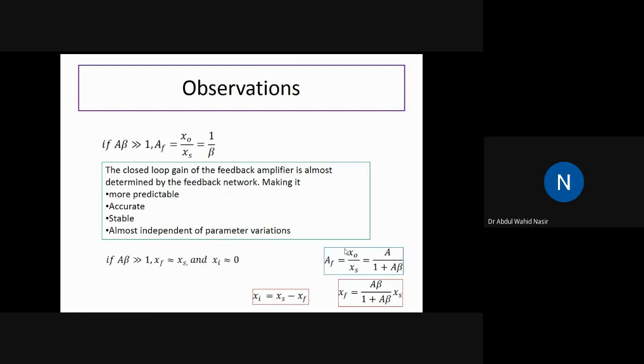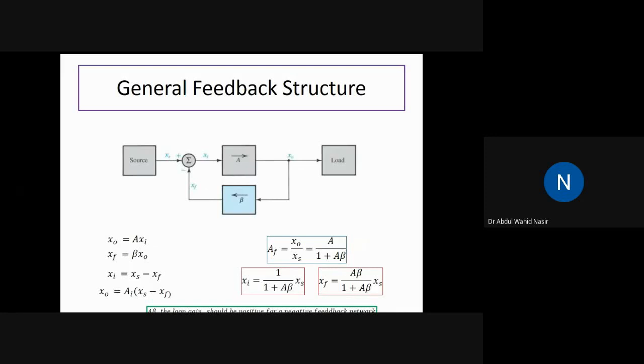Now, if the loop gain is very much greater than 1, you can see here, take this expression where we have AF is equal to A by 1 plus A beta. Whenever A beta is very much greater than 1, how will this equation get simplified? Since A beta is very much greater than 1, we can discard the 1.